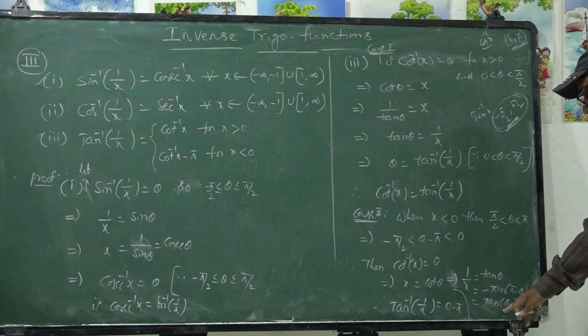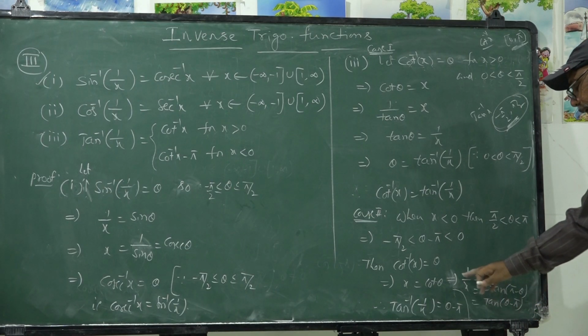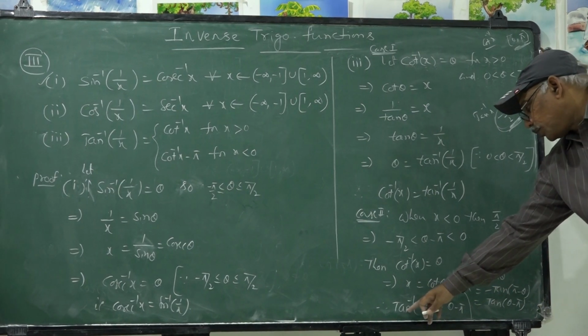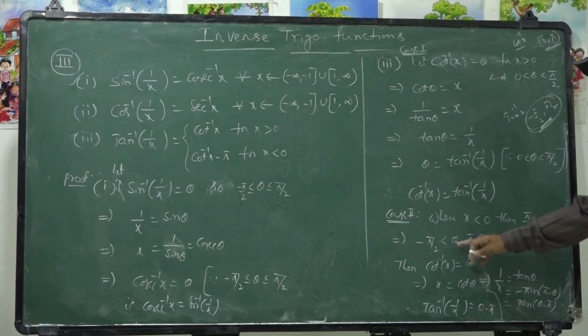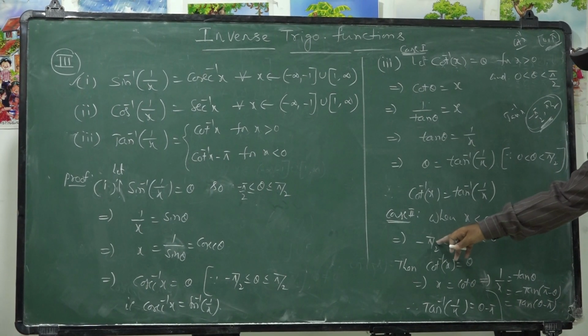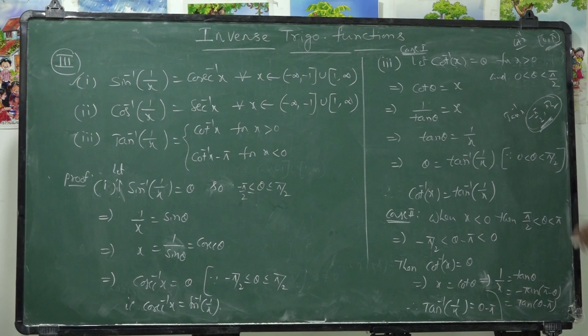Here inverse tan exists, hence you can apply tan inverse on both sides, so that we get tan inverse of 1 by x equal to theta minus pi, where theta minus pi lies within the interval minus pi by 2 to 0, the restricted domain. To make this tan invertible, you have to prove theta minus pi lies between minus pi by 2 to 0.